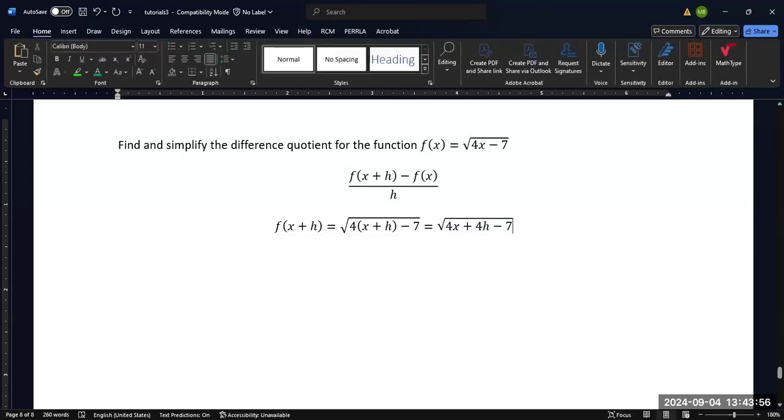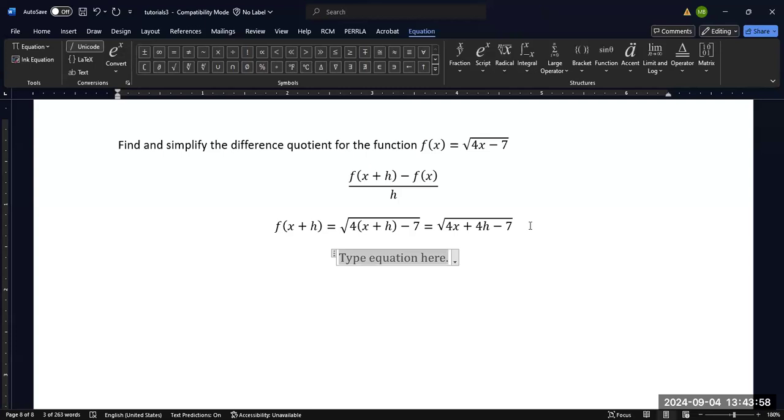Now we're going to combine this with our minus f of x. So f of x plus h minus f of x, and so we'll have the square root of 4x plus 4h minus 7 minus the square root of 4x minus 7.